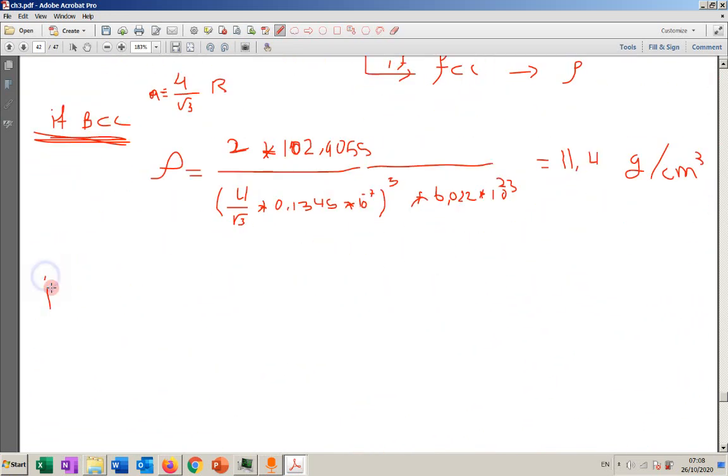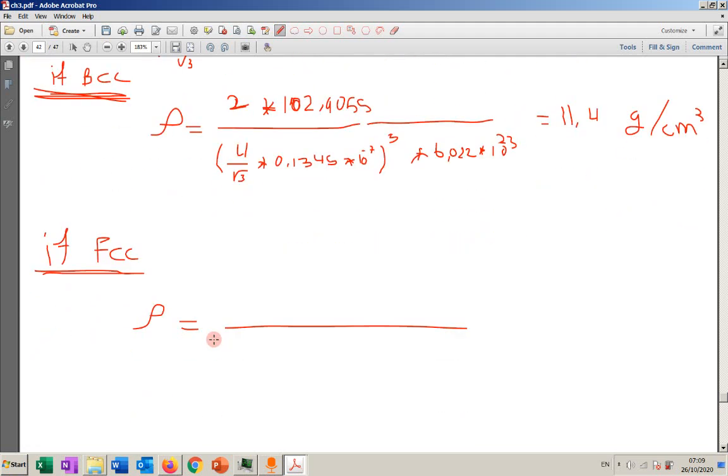If FCC, let's see in FCC does it come to be exactly that one, so we're going to calculate the same thing this time for FCC. Now if rhodium is FCC, there will be 4 atoms, still we have 102.9055, this is the atomic weight. At the bottom here is going to change. Why?